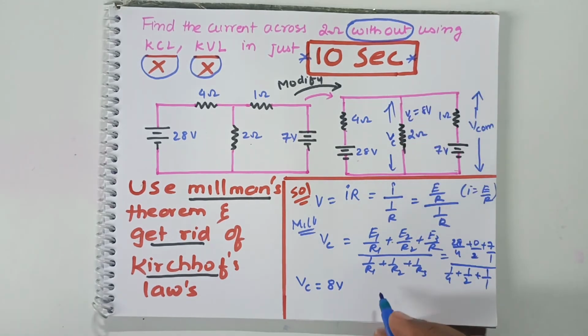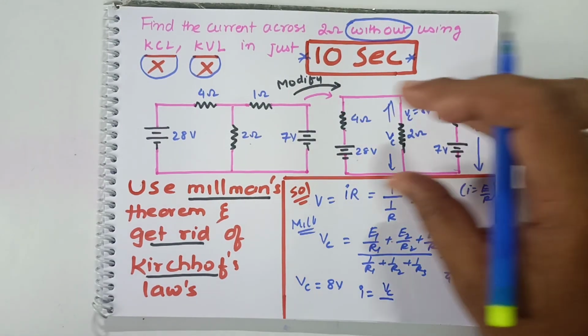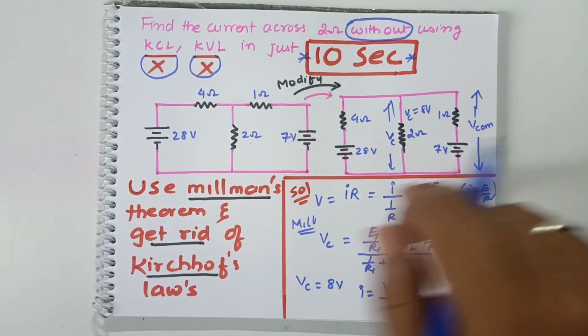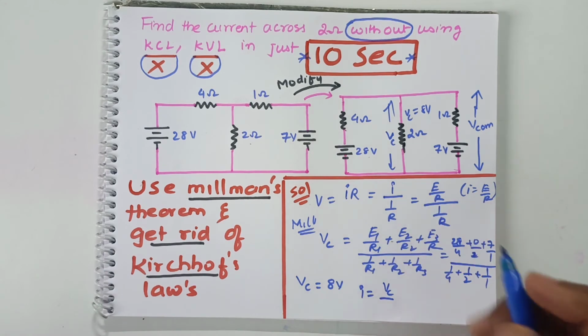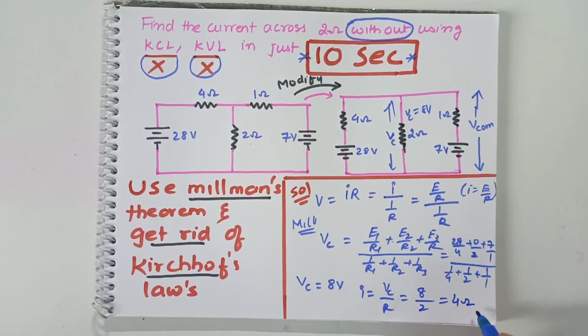Yes, you can. That is simply I is equal to V common, the potential which is common for all the three edges here, because potential is going to be the same for a parallel connection. You know about that. So VC by R: what is VC? 8. And what is R? 2. So 4 amperes is the answer.